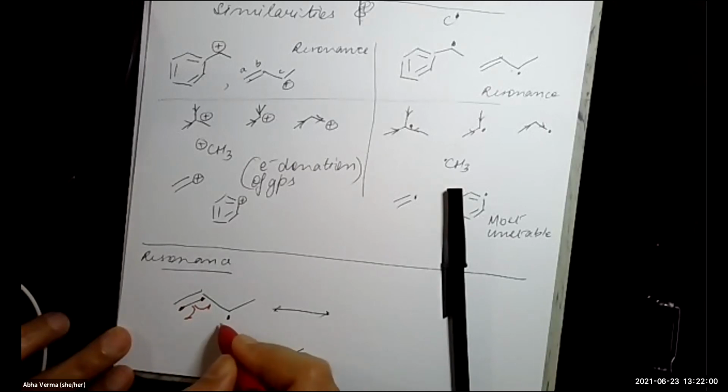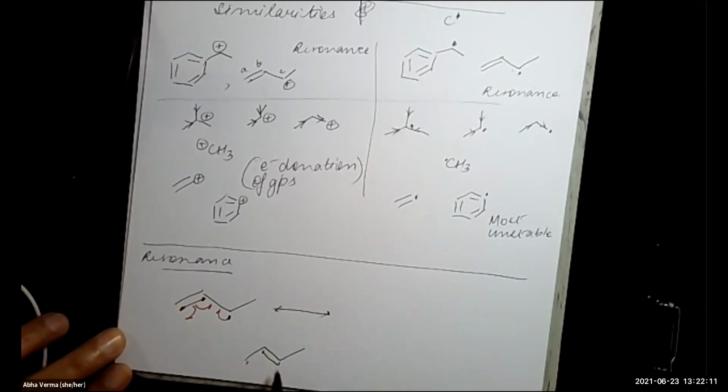So this free electron also shifts towards that location. I get a new bond right here. And where is my radical? At this position. Any questions on what I did?